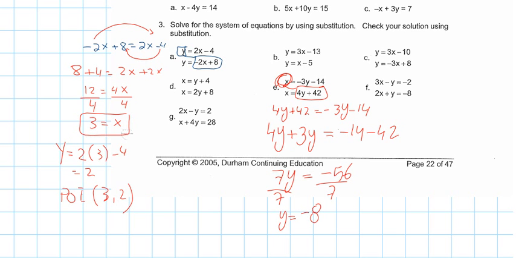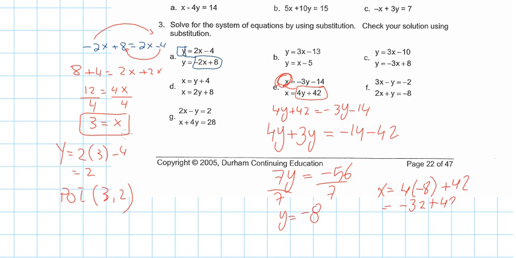Okay? Now you're going to have to do the same thing. You're going to take that y value, and then you're going to plug it into one of the equations. Okay? So we'll do, let's say, we'll plug it into the second equation. So that will be x equals 4 times negative 8 plus 42. 4 times negative 8 is negative 32 plus 42.